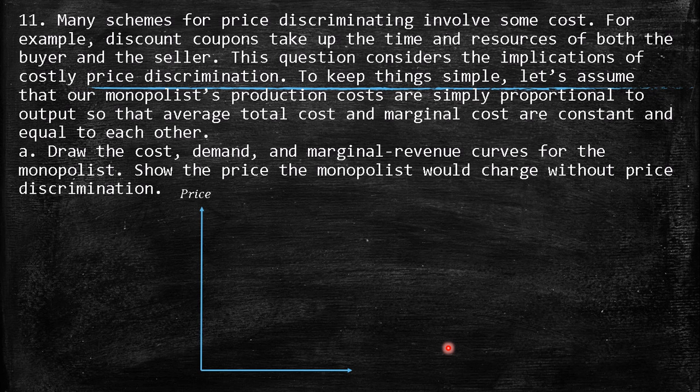So here is the idea. Here we have the price and quantities. Here we have, as usual, the downward-sloping demand. Here we have the marginal revenue, and here we have the marginal cost, which is exactly equal to average cost, which is constant.